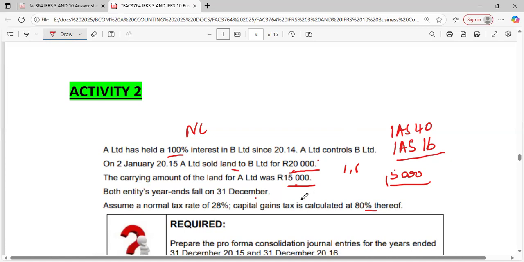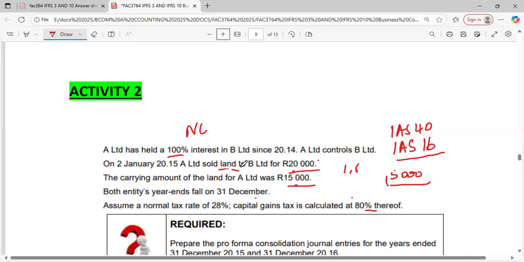An asset which can be realized through use, there is no guarantee that we are going to have this profit on it, because it can be used until it becomes new. So in that case, we are not going to apply the capital gain tax. If we have a machine, the machine can be realized through use. So in that case, we don't take into account the capital gain on it.